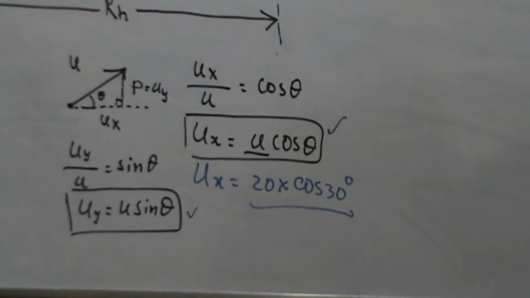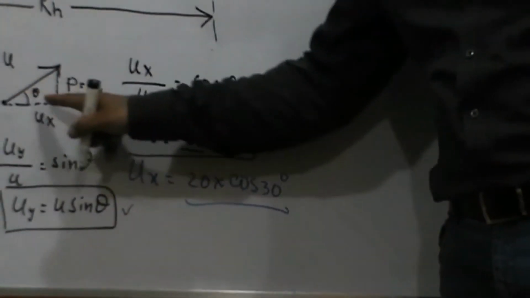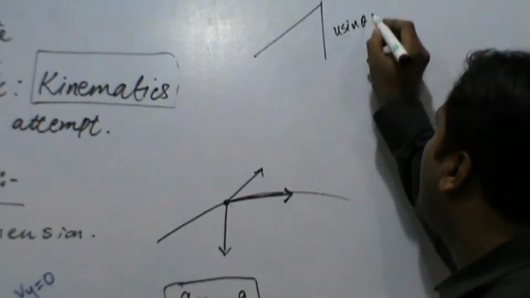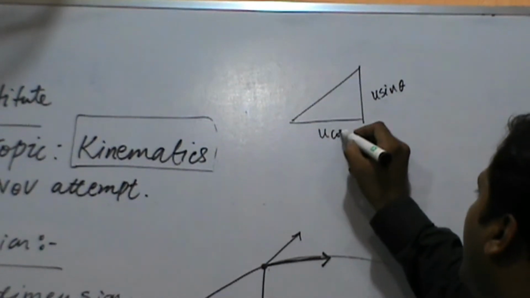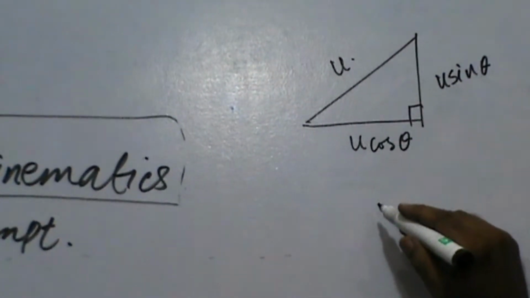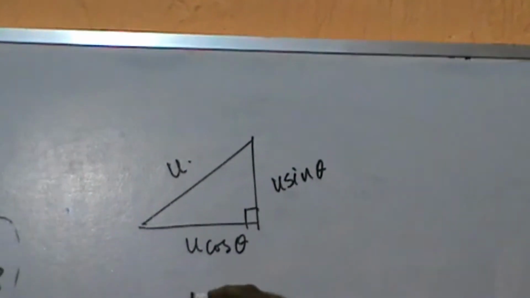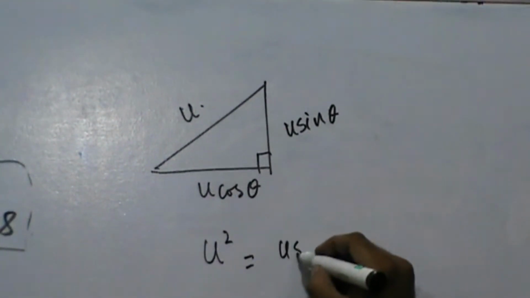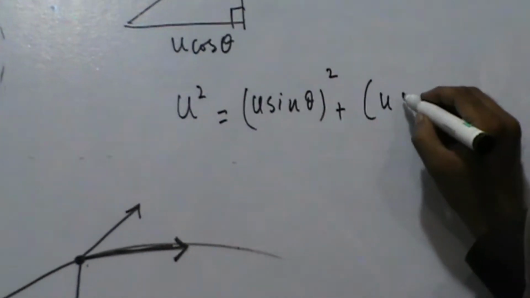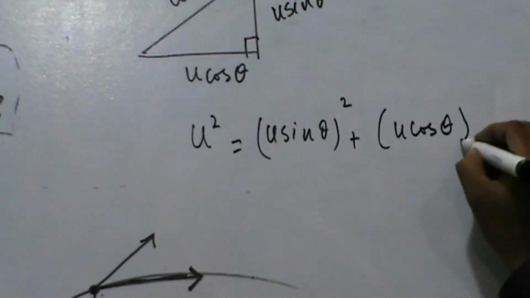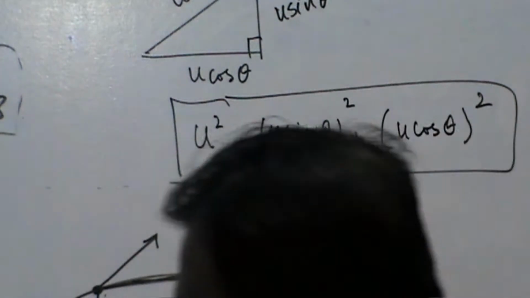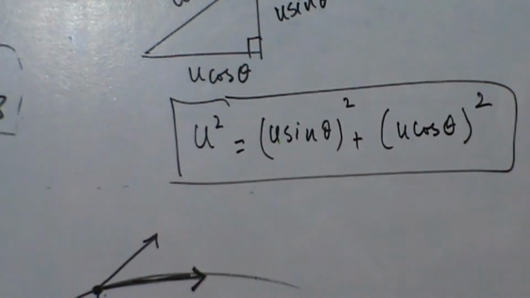We can also calculate that by applying the Pythagoras theorem. This is a right angle triangle in which the y component is u sin theta, the x component is u cos theta, and the resultant is u. We can calculate this hypotenuse by applying the right angle triangle: the square of the hypotenuse is equal to the square of the perpendicular plus the square of the base. We take the square of all the values, u sin theta squared and u cos theta squared, and when you solve under the root, you will get the original velocity magnitude, the velocity with which you have to fire it.